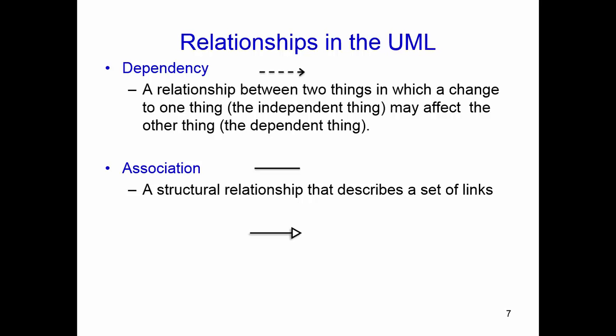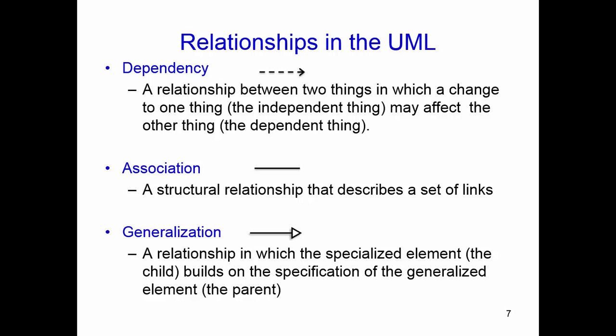An association is just a structural relationship that describes a set of links. So something like, well, this chair will go with this table. That is an association. And then generalization, a relationship in which the specialized element, the child, builds on the specification of a generalized element. So this is something like if you're building a system that can be used for many things, like for example, you're using GPS technology.